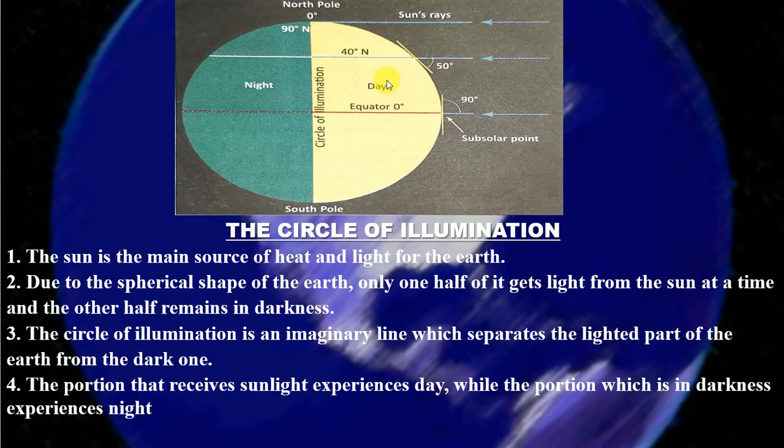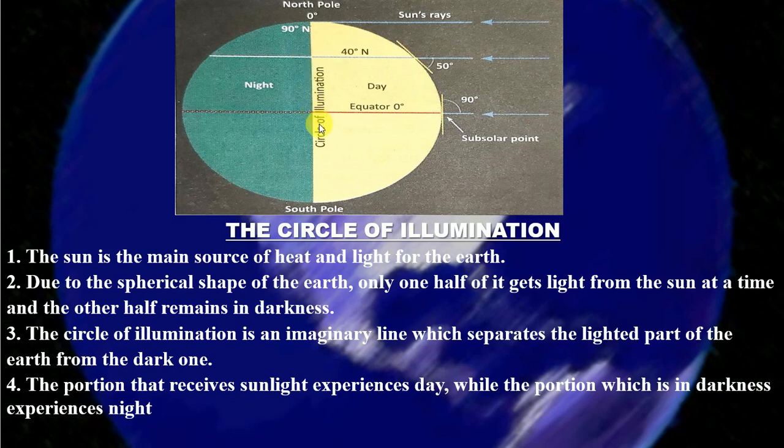And this is where the sun's rays are actually falling. As you can see, in between there is a line, an imaginary line passing, which separates the lighted part of the earth from the dark one. This is what is called the circle of illumination. What is the circle of illumination?